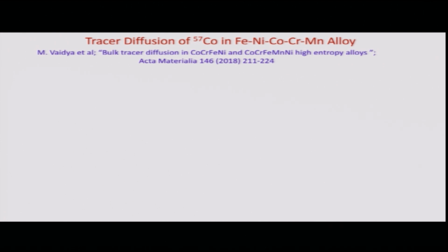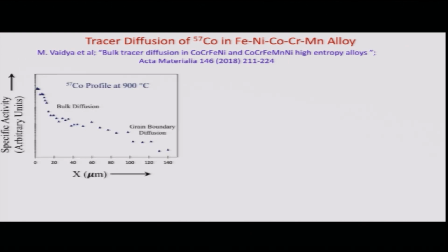Here I am showing the plots of cobalt 57 isotope activity versus distance as presented by them. Again, the data points may not be very accurate because I have extracted the data from the paper and replotted here. We can see on this plot of specific activity versus distance, there are two distinct slopes.